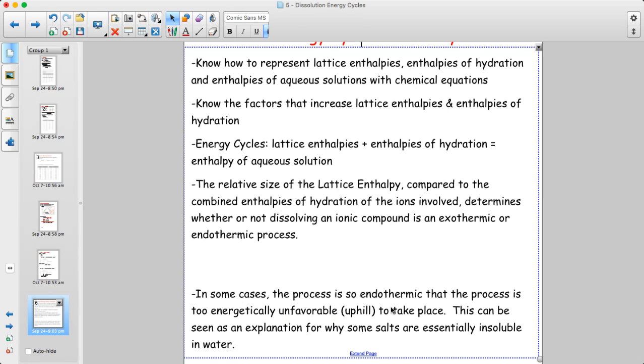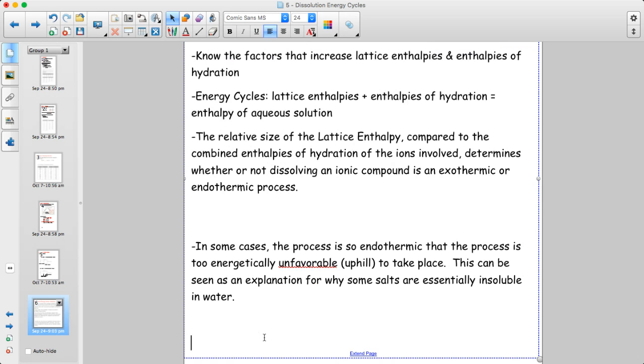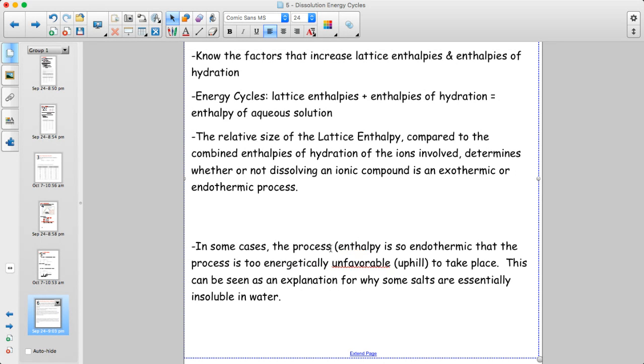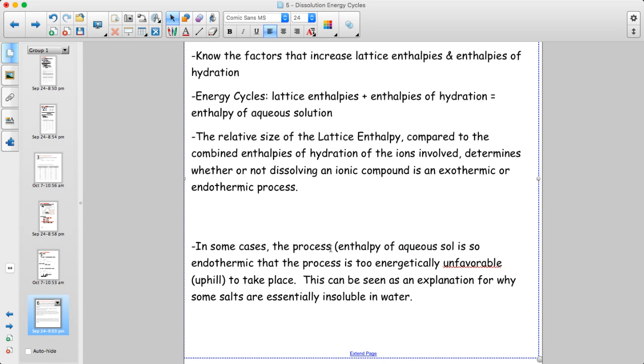Last final note, let me zoom down here. Okay, so in some cases the process is so endothermic, the enthalpy of aqueous solution is so endothermic that the process is too unfavorable to happen. And so this can be an explanation for why some salts are pretty much insoluble in water. Some things just won't dissolve.